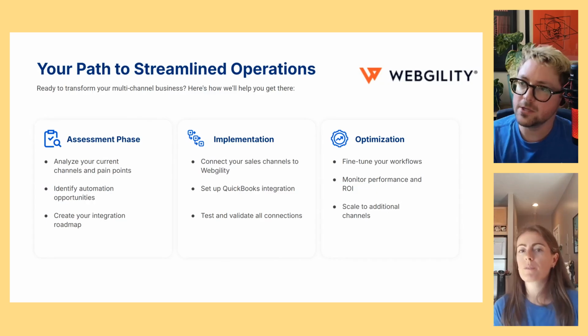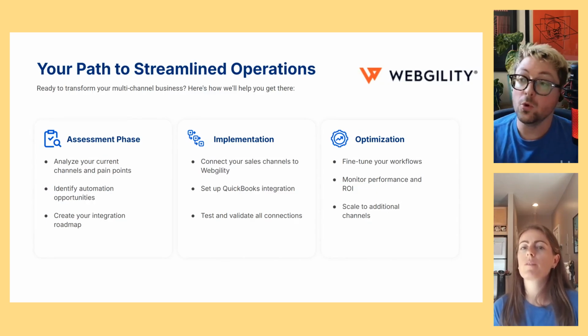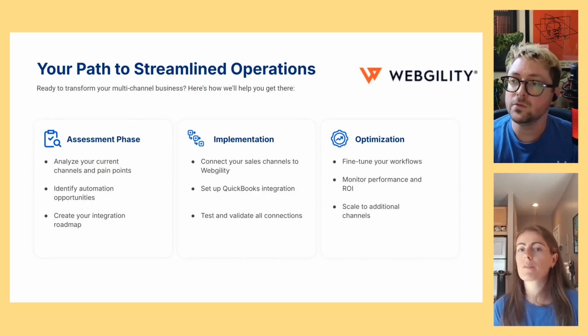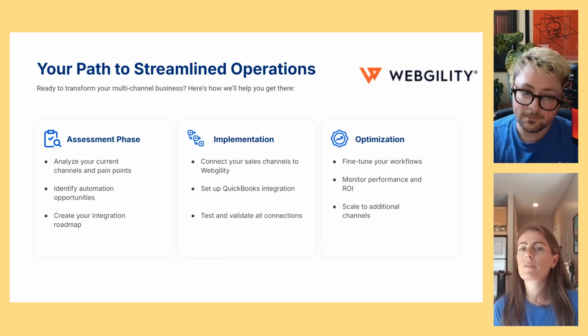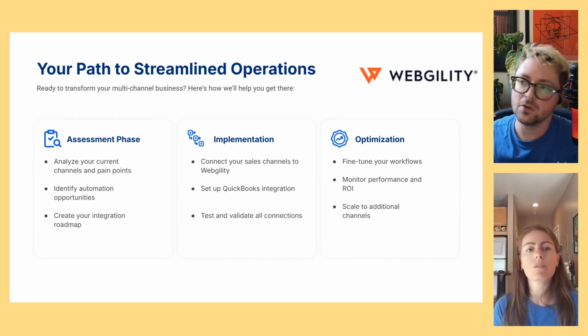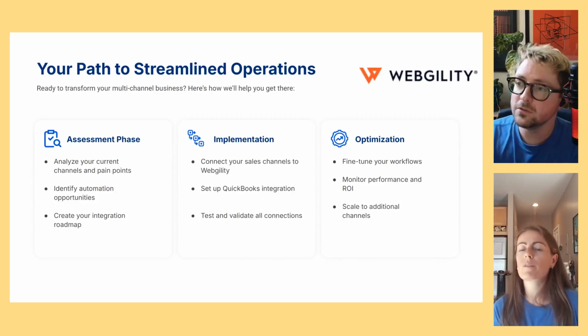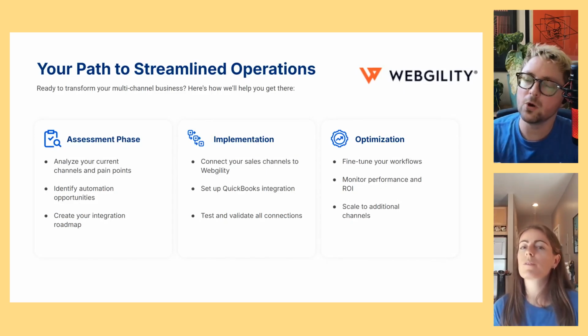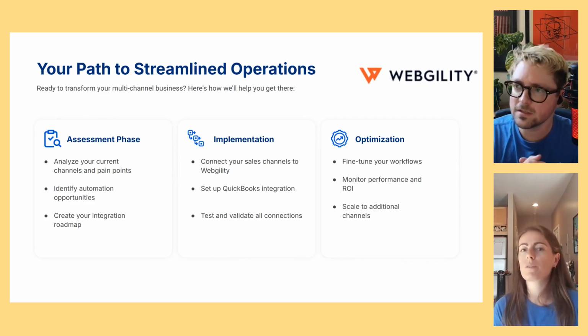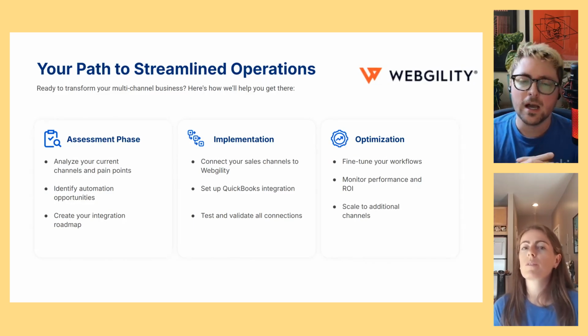What are the things that I need to make sure run correctly? What do I want to automate? What do I want to run more smoothly? And then map that out in your mind. Understand how you want those things to connect. Because then once Webgility or the automation tool gets introduced, it'll be a lot easier for you to compartmentalize each different process and understand where things should be.